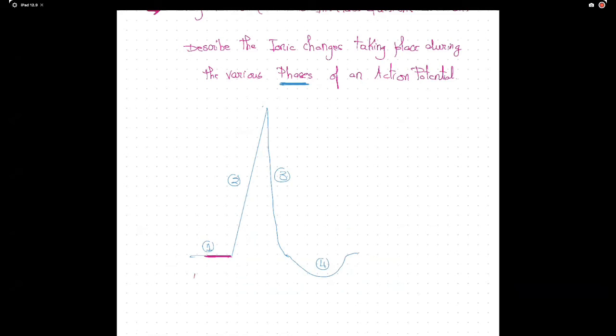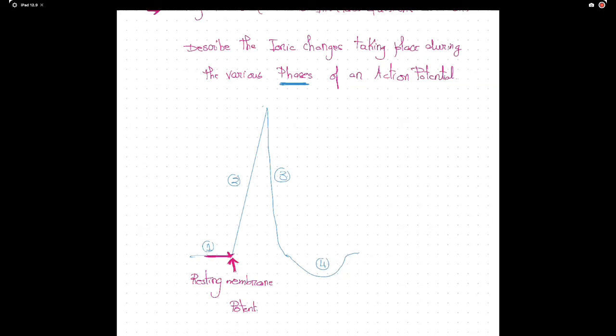Yeah, this is my resting membrane potential. Once I get a stimulus, if you remember, a stimulus is a change in the environment. How is a muscle cell or a nerve cell going to respond? It opens ion channels, allowing the second phase to take place.